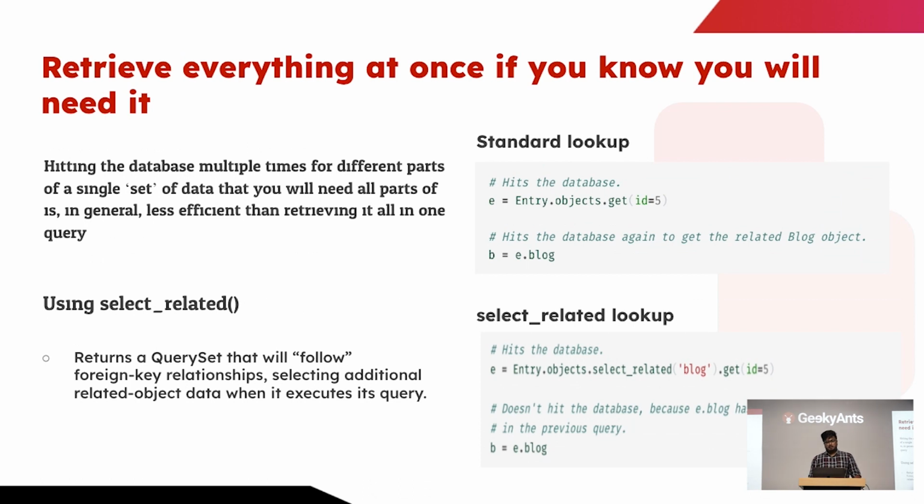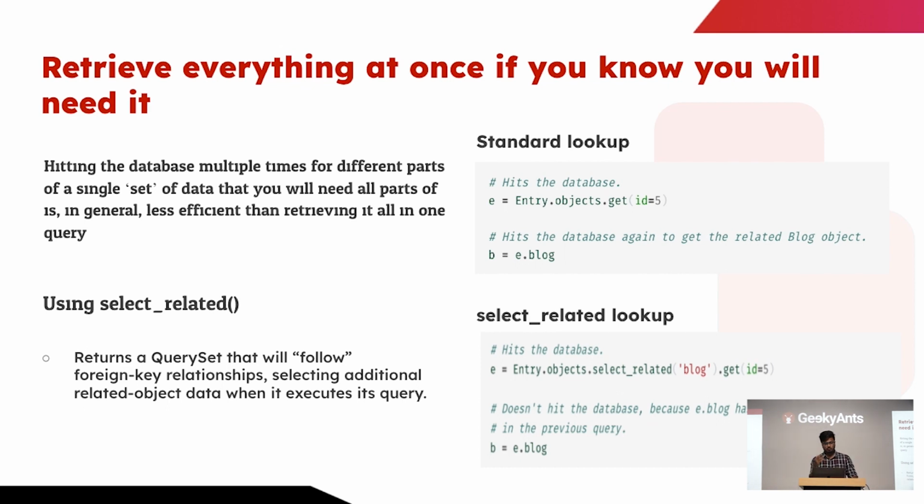Okay, so what happens generally when we are developing business logic? There is usually one model that we query, and based on that we have to query another model with its foreign key, and then use that information to complete our business logic.